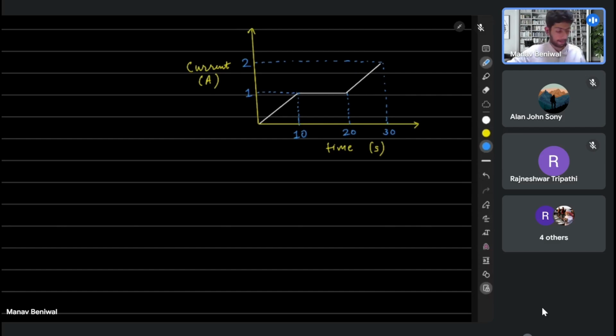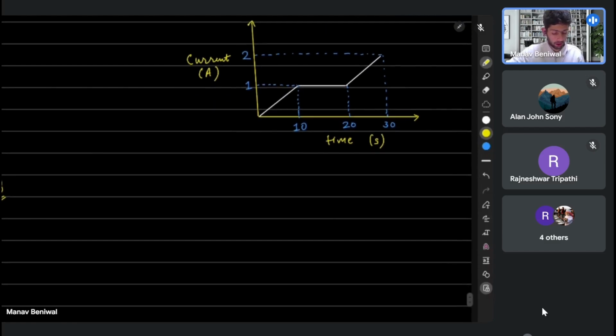So now let me write the question. The question is that, as shown in the figure, current flows in an electrolysis experiment.